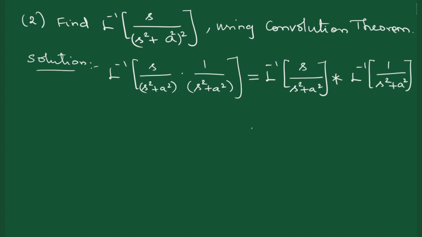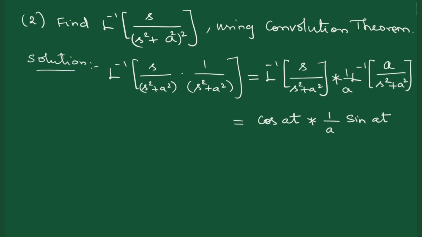Now applying the definition of Laplace transform, s by s square plus a square can be written as cos at star. Here we should have a, then we can write it as sin at, so that we can multiply and divide by a here. So we can write 1 by a into sin at.